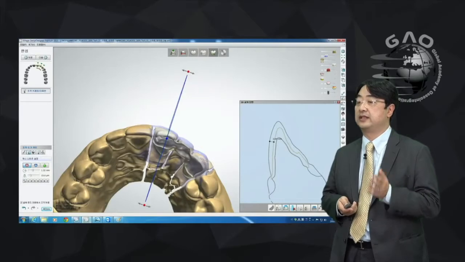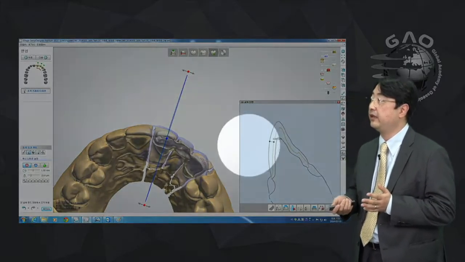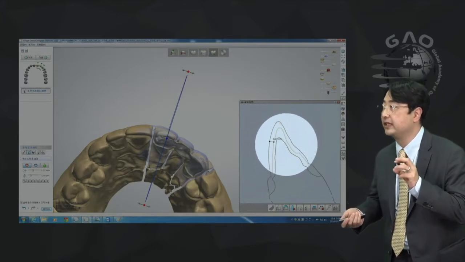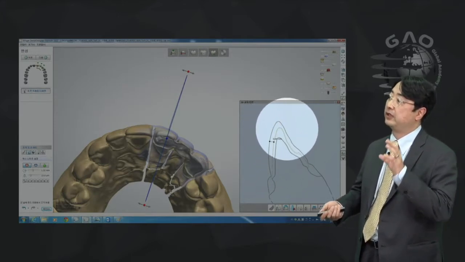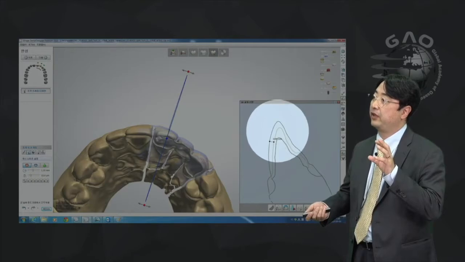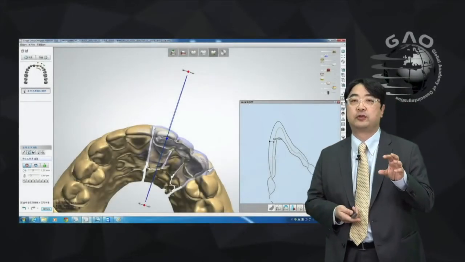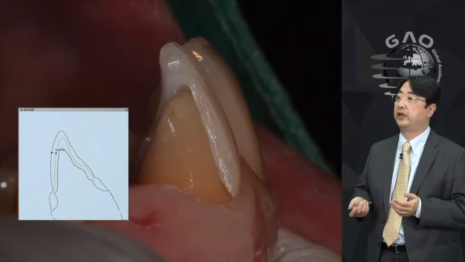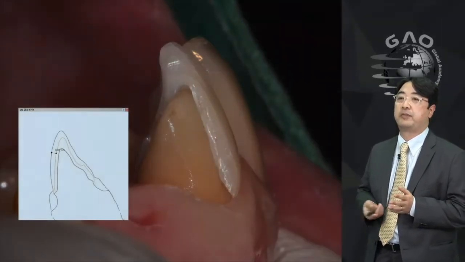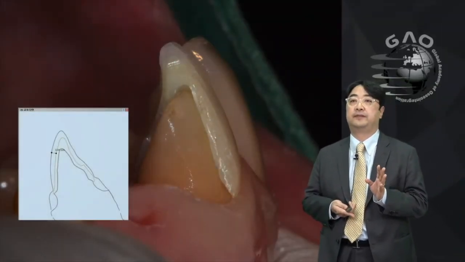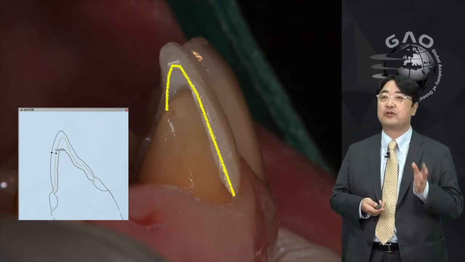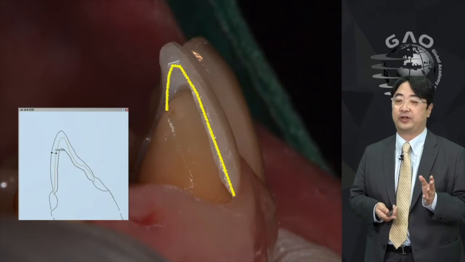As you see in the middle, there's too small a room for the veneering porcelain, and on top there's too small a room for translucent porcelain. This is what it looked like when I cut the tooth out from the patient's mouth. We don't have room for porcelain, and we don't have room for translucent porcelain as well.